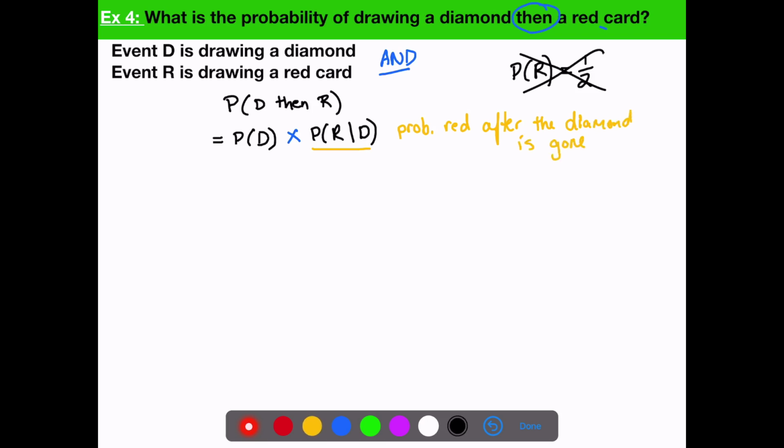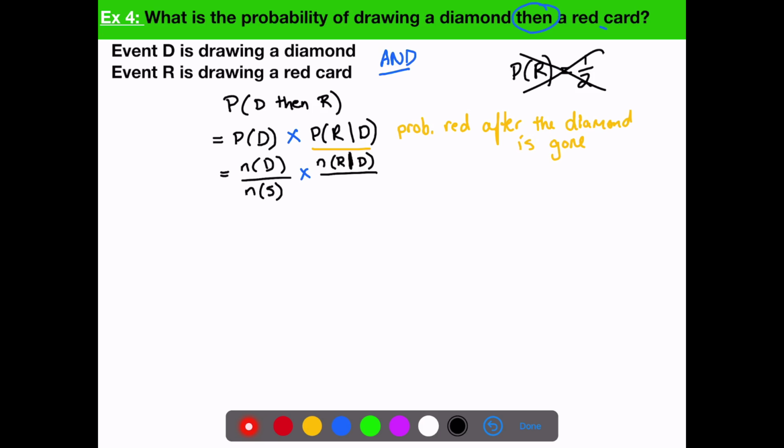Okay, so now if we convert that to cardinality statements: number of diamonds over number of cards in the deck, the number in my sample space, cardinality of my sample space, times cardinality of the exact same thing that's in the brackets, number of red, given that we've already pulled out a diamond. Now, if we've already pulled out a diamond, that means I no longer have the 52 in my NS.